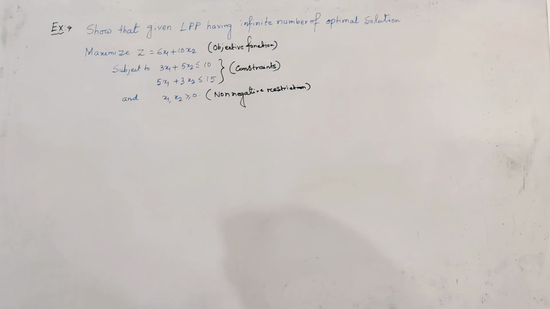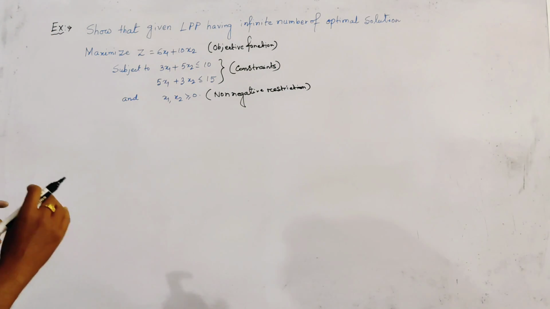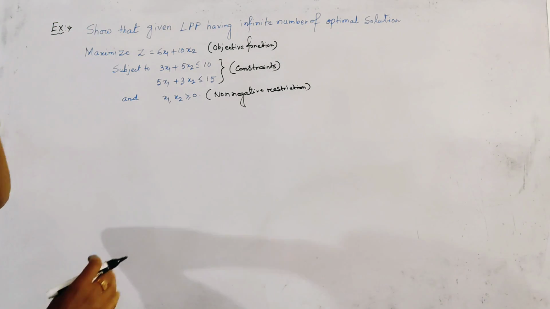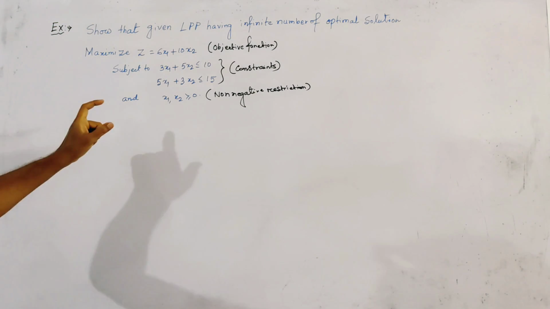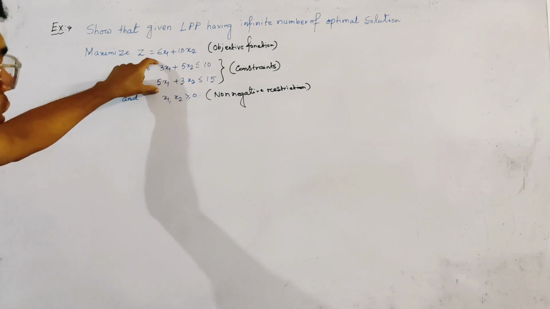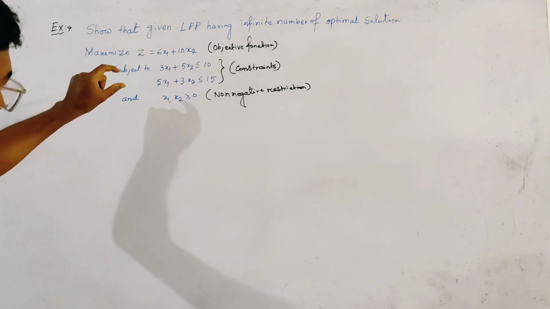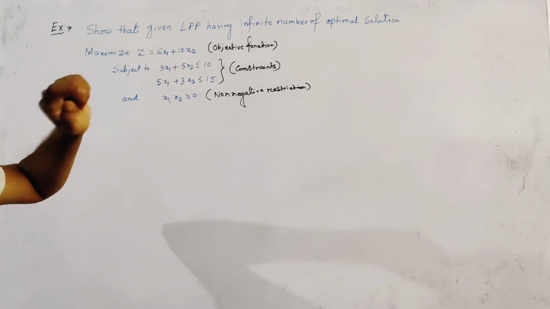Now we first draw the graph of this LPP. We first draw the equation of each constraint in a graph, satisfying the non-negative restriction.